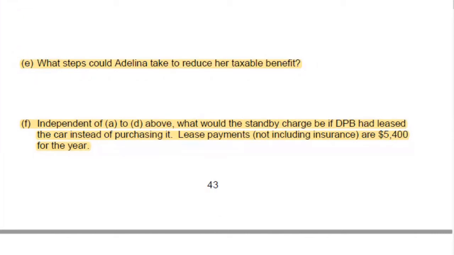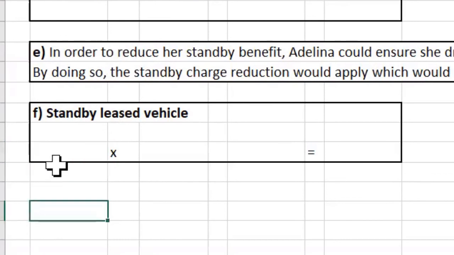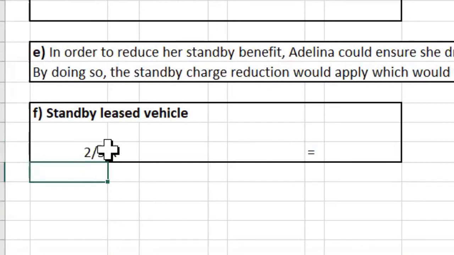So now we're going to calculate the standby charge for the leased vehicle, the vehicle that the employer has leased and is allowing the employee to use. The standby charge for a leased vehicle is dead simple. So we're ignoring A and D above. The simple formula is going to be 2/3, and we're going to multiply that by the total lease costs for the year.